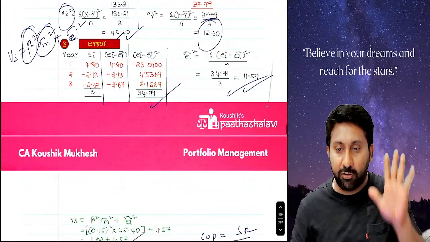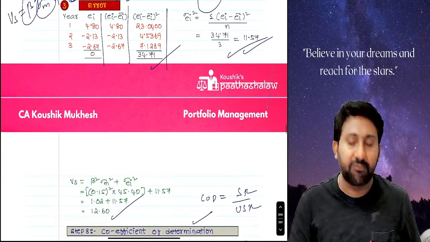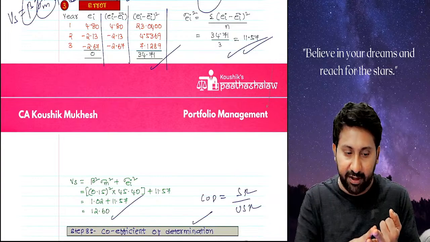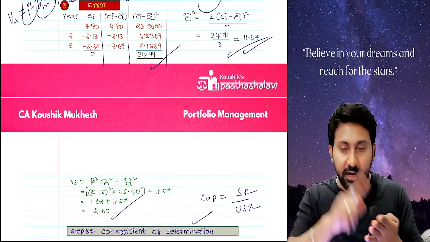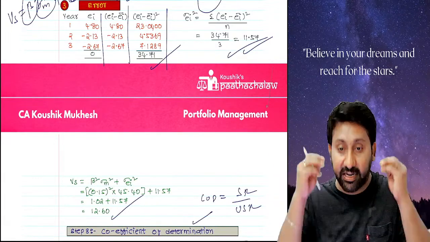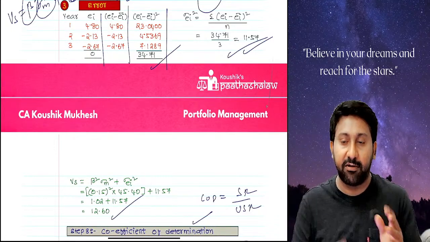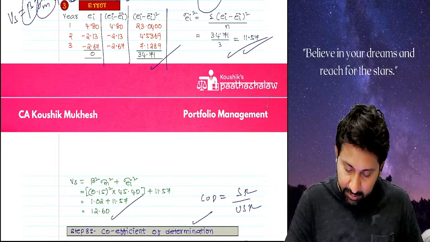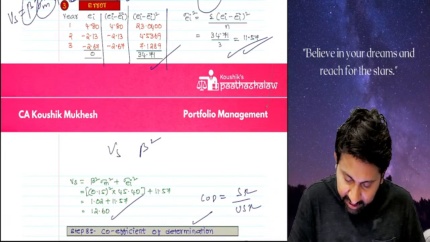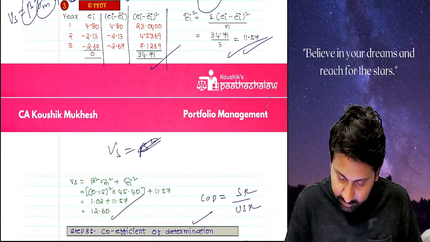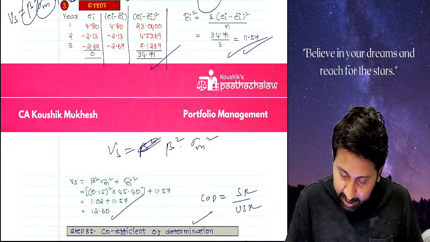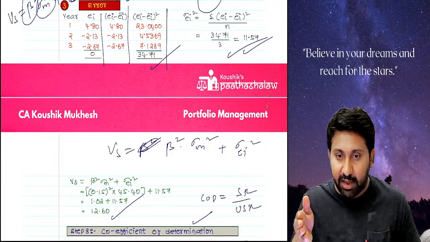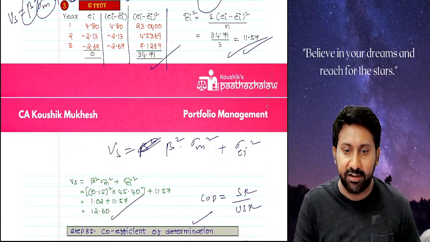Whenever a question comes in the exam on the Sharpe model, first is individual security calculation, a simple concept. First beta, next alpha, next beta RM plus alpha. The difference between actual return and CML return is the error. After that, the risk calculation formula: variance of security equals beta square sigma m square plus sigma e square. Sigma m square, m means return of the market, you can calculate using the standard deviation formula.